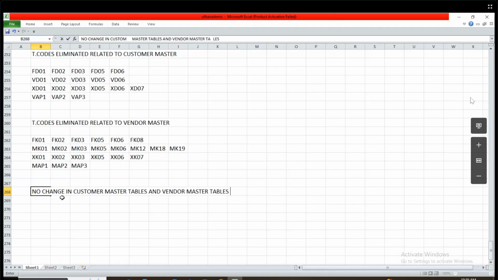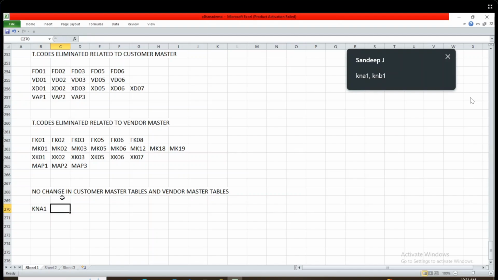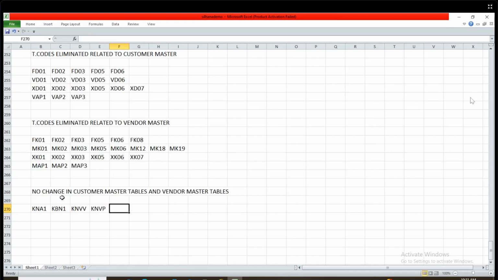In the customer master, general data is KNA1, company code data is KNB1, then KNVV, KNVP, and so on. All these tables are available here also in S4HANA.